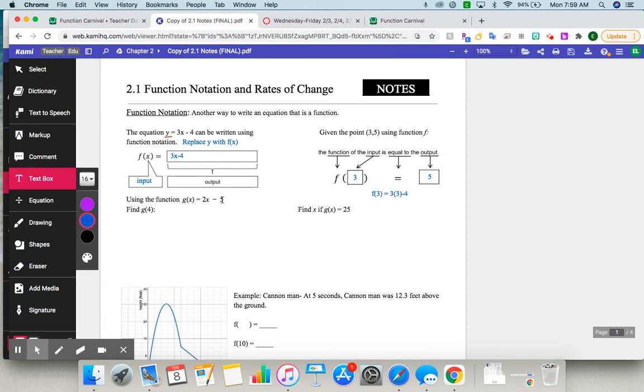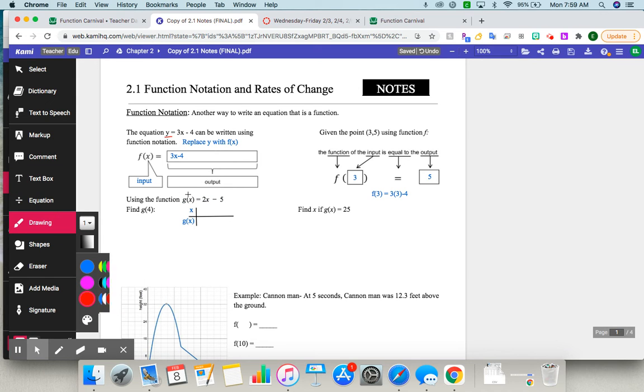In the next example, we're going to call our function function g. So I state that g of x equals 2x minus 5. If I'm asked to find g of 4, this really means find the output when the input is 4. Looking at this in terms of a table, it might look like this, where 4 represents my input, and then I use the expression 2x minus 5 to figure out my output, but I'm replacing x with 4. 2 times 4 is 8, minus 5 is 3.